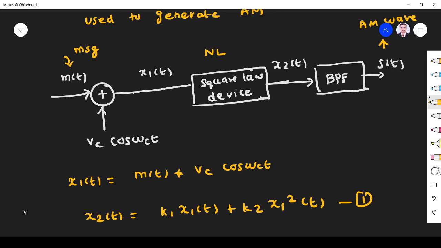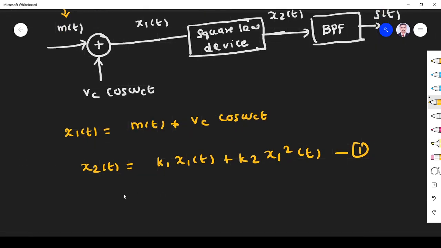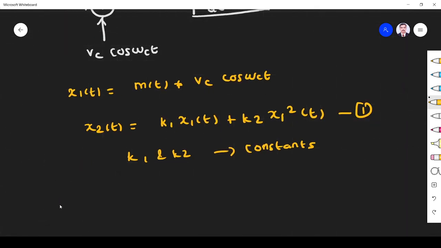What are k1 and k2? Here k1 and k2 are constants. Now we will see what x2 of t is. I know what x1 of t is, so I substitute x1 of t in x2 of t.